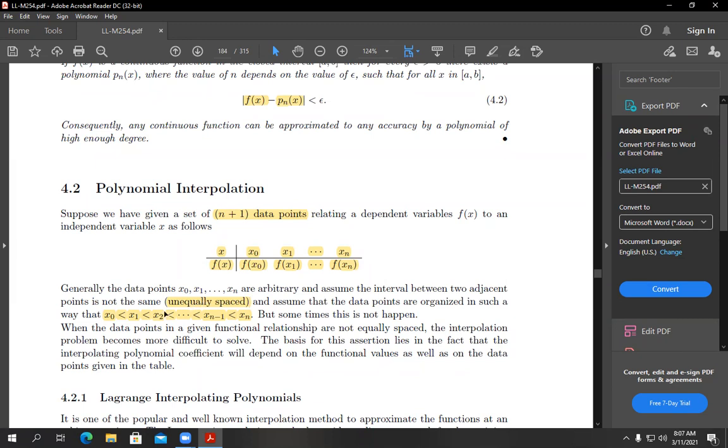Now, if you have degree n, you need n plus 1 points here. For example, if you have a polynomial of degree 1, how many points do you need, please, any student?